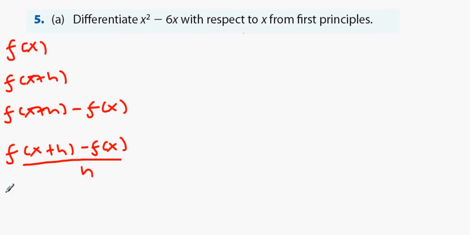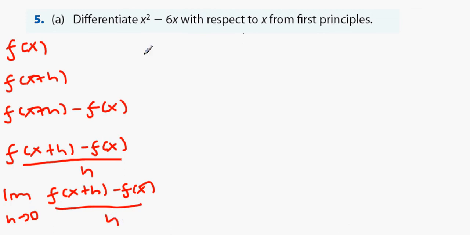And then finally the limit as h approaches 0. Okay, let's begin.